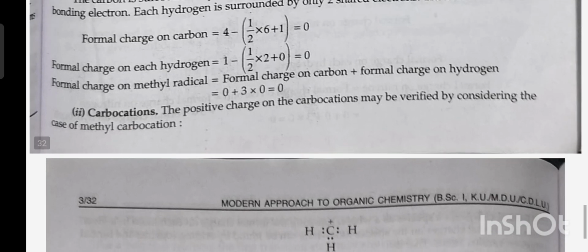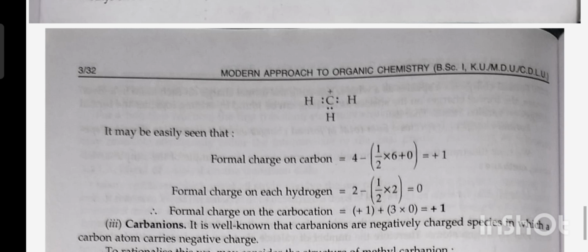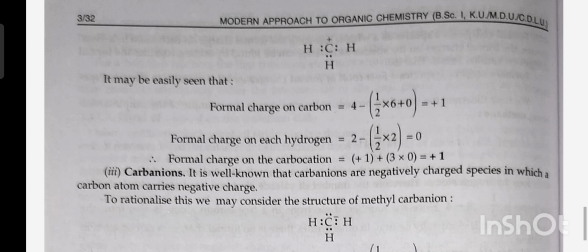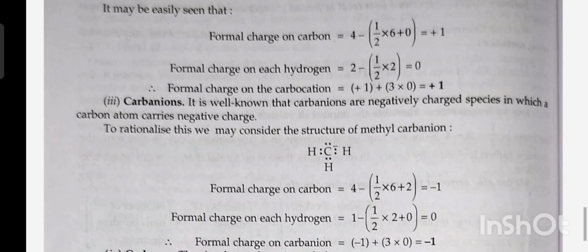Second, carbocation. The positive charge on a carbocation may be verified by considering the case of a methyl carbocation. It may be easily seen that formal charge on carbon is equal to 4 minus 1/2 cross 6 plus 0, which is equal to plus 1. Formal charge on each hydrogen: 1 minus 1/2 cross 2 is equal to 0. Formal charge on the carbocation: 1 plus 3 cross 0 is 1. Third, carbanion.